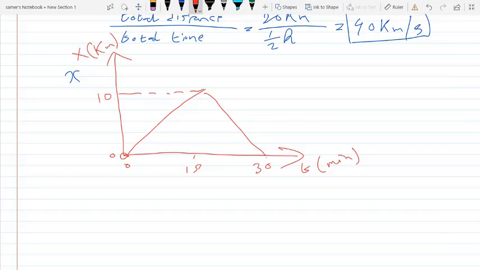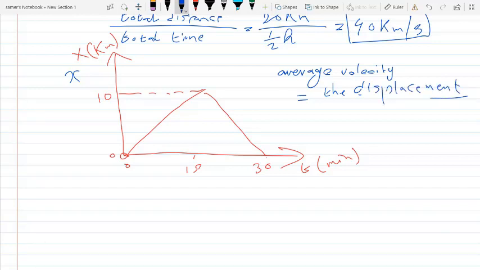Now, we are going to calculate the average velocity, and the average velocity in this case is the displacement over the total time. What is the displacement?